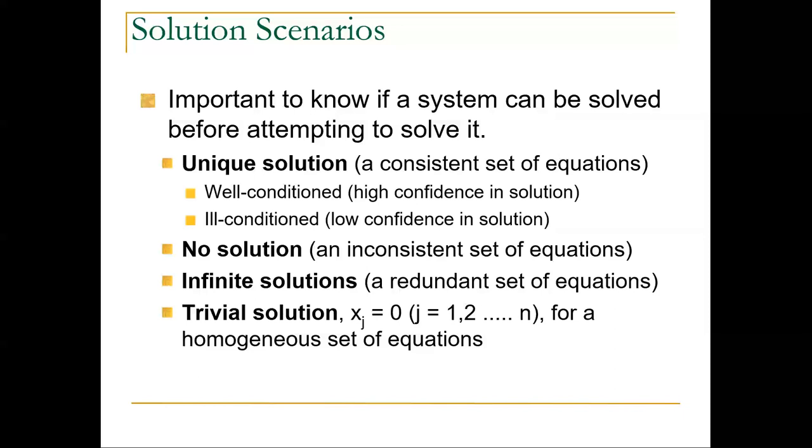So that's a no-solution case in which you didn't look at your system properly and you think there should be a solution and there's no solution. You have another situation where you have infinite solutions or multiple solutions. Usually linear systems only have either infinite solutions or one solution.